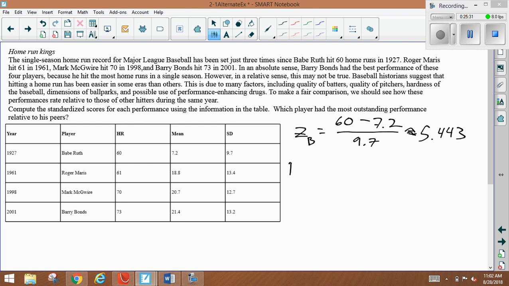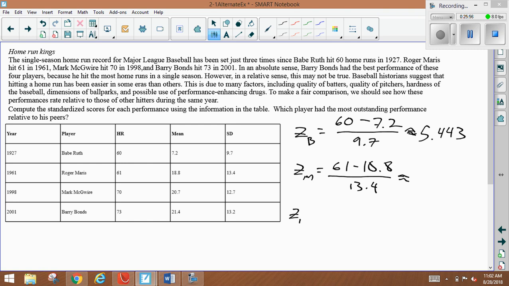And then we'll go Z sub Maris. That's 61 minus 18.8. That is a large mean compared to the other one, divided by 13.4. So, will someone calculate that for me while I write down the other stuff?